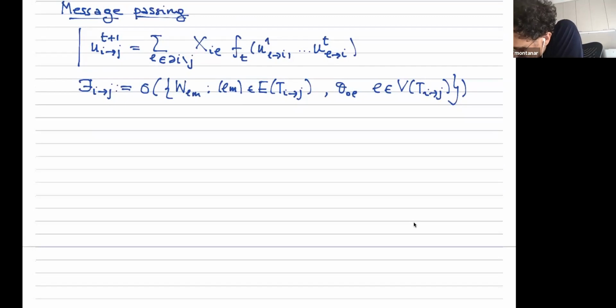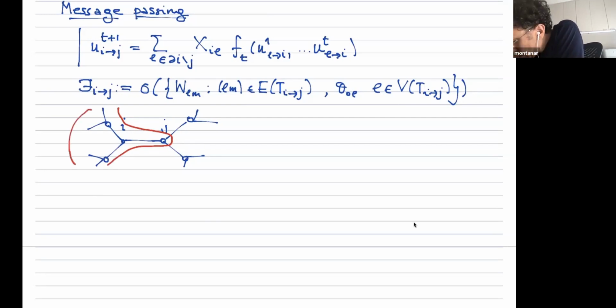So what is the tree T_ij? I drew this tree before. Let's say that n is equal to 3. So this is an infinite ternary tree, and the tree T_ij is this tree here.